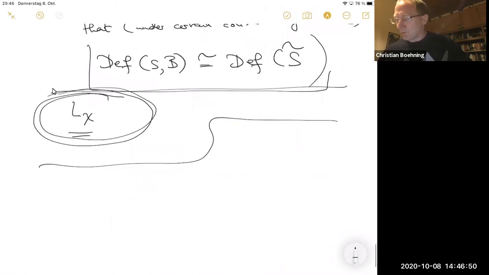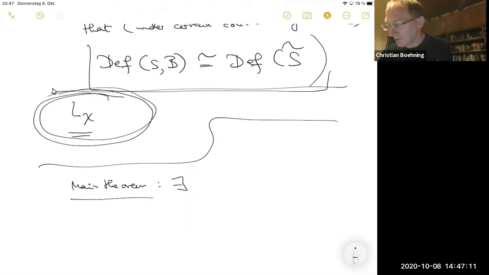So once we've done this, let me maybe say what, and then let me try to put this into perspective in the remaining 10 minutes or so. So once we can accomplish all this, we get the main theorem, so that there exist surfaces S tilde of general type.